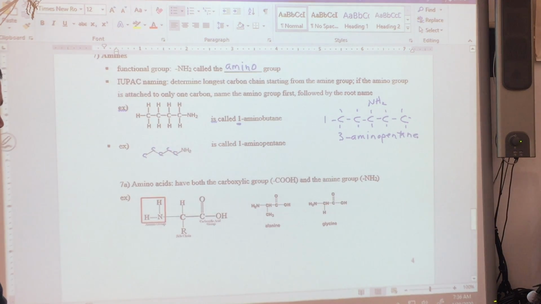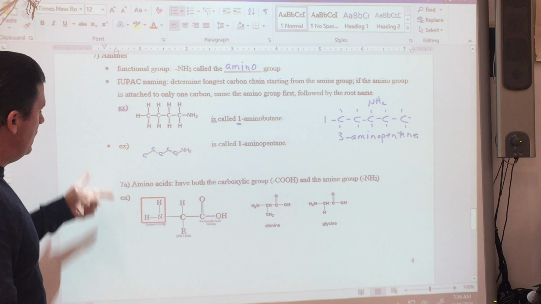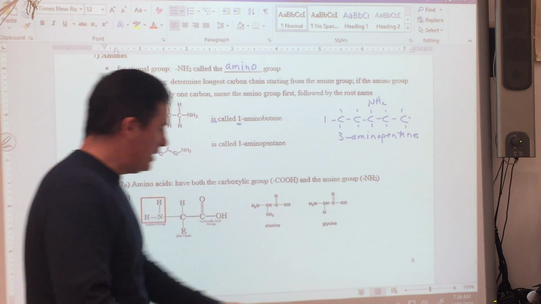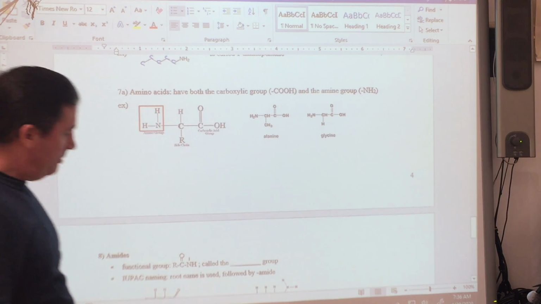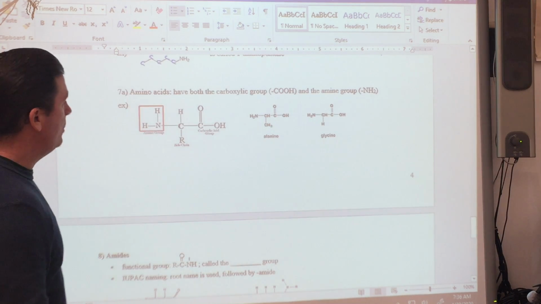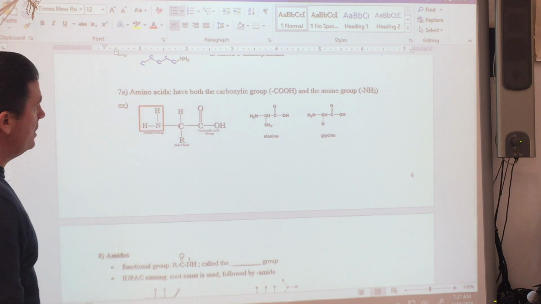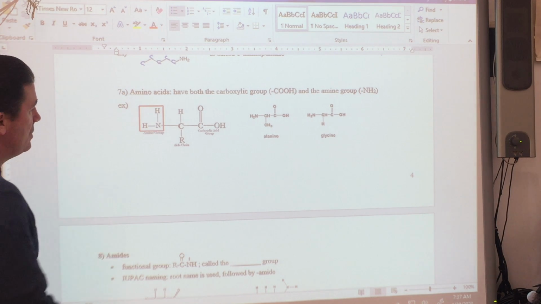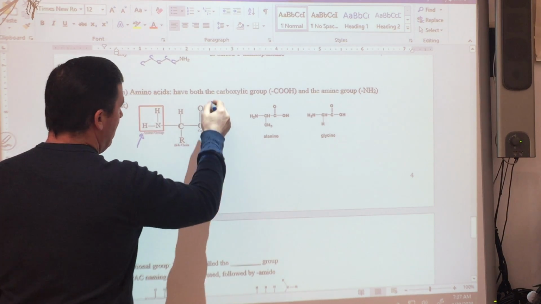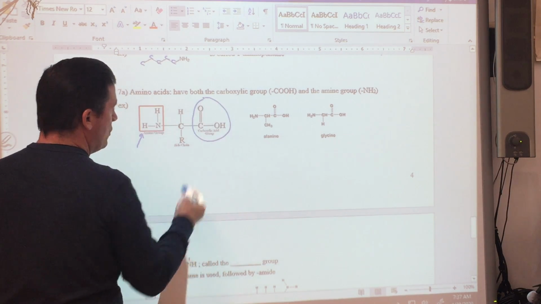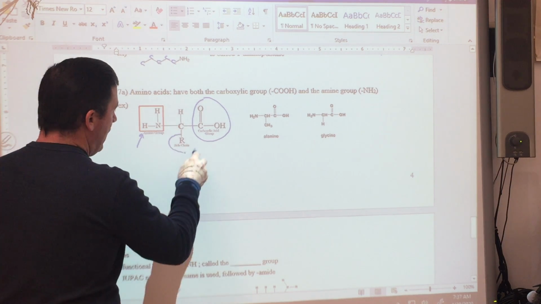Okay? There's another group underneath amines, another classification, and you may be familiar with these. I made my kids memorize these. These are amino acids. So amino acids have both an amino group and the carboxylic acid group, and then it has a side chain.